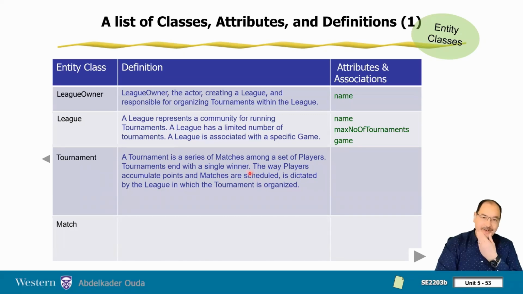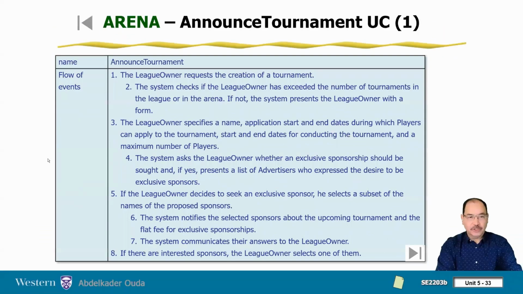If this is not clear, feel free to go back to the tournament definition itself. We define the tournament here. The league owner, we said, specifies a game, a name, and application start and end dates during which players can apply for a tournament.